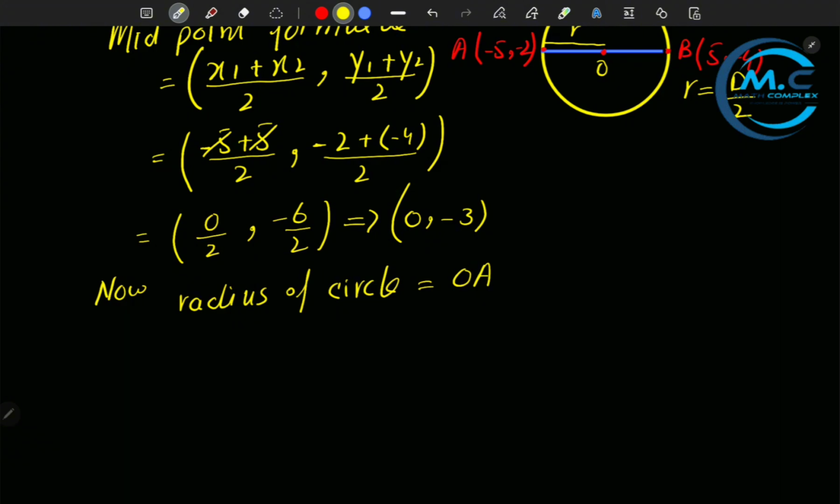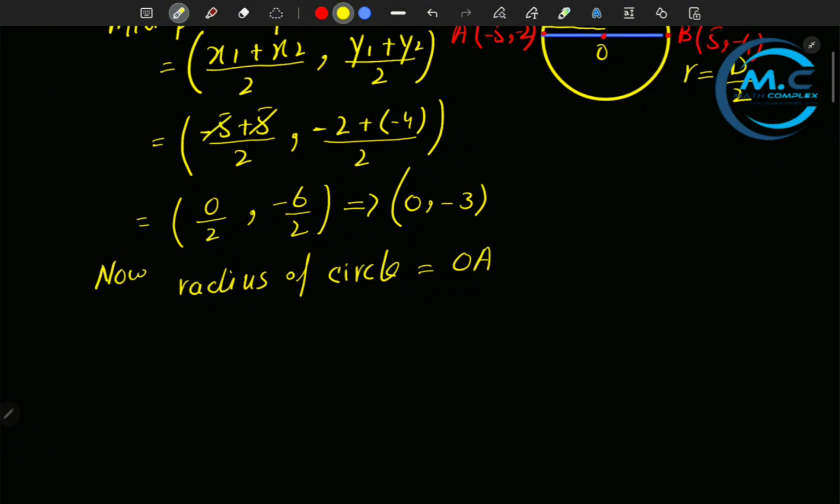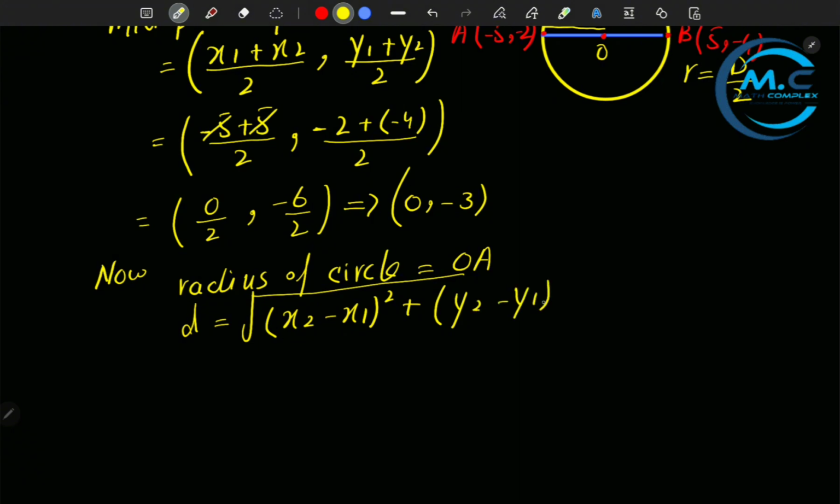Now we will apply the distance formula for finding the length of the radius. Write the distance formula: square root of x2 minus x1 whole square plus y2 minus y1 whole square.